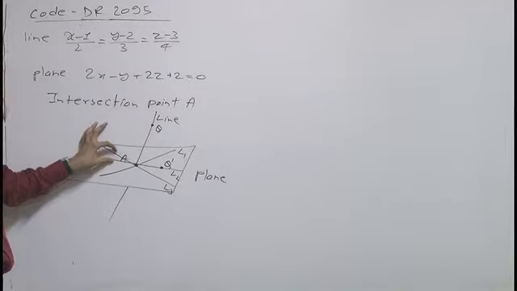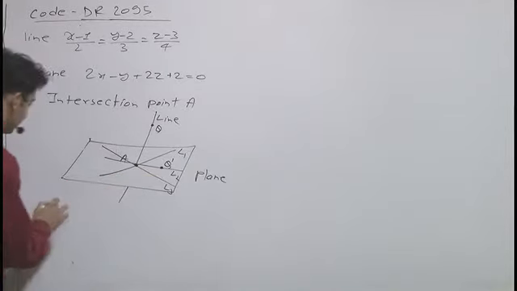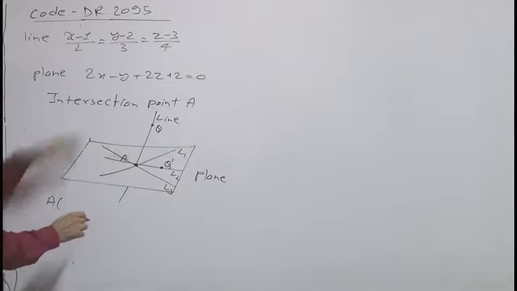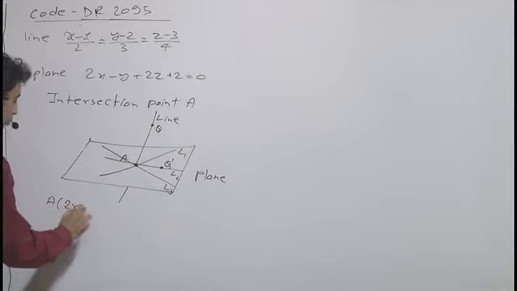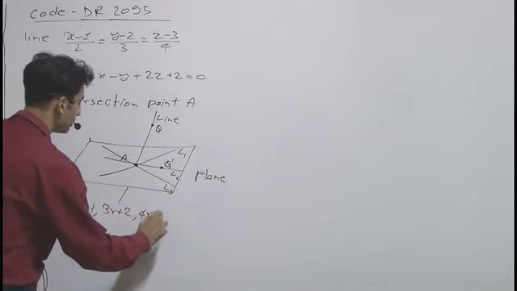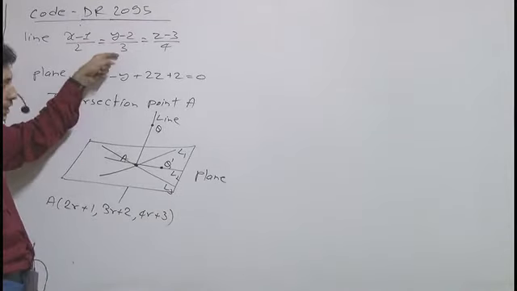So what elements are needed for this question? We need point A and we need point Q dash. For point A, we can take a point on this line in the form of 2r plus 1, 3r plus 2, 4r plus 3. This is a randomly selected point on the given line.